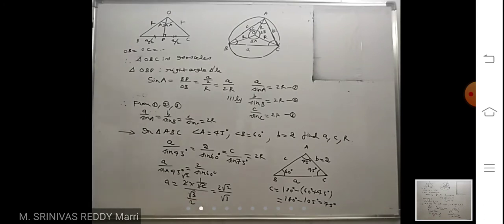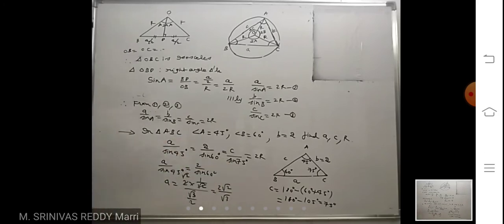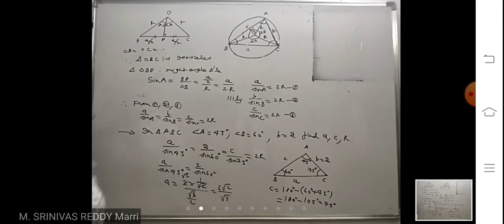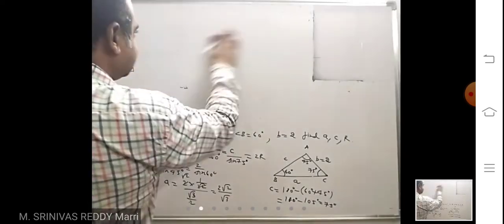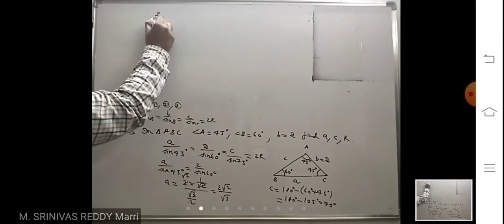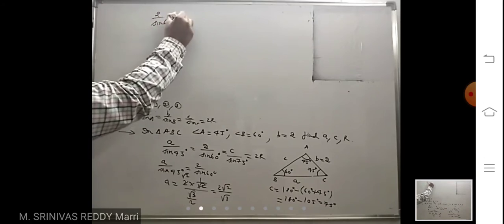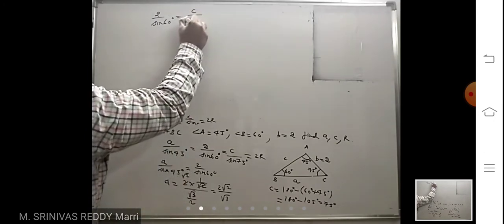Next, for calculating C, I am equating this and this, second and third. This value, sine 60, you know, that is known. That means second and third you equate: 2 divided by sine 60 degree equal to C divided by sine 75 degree.